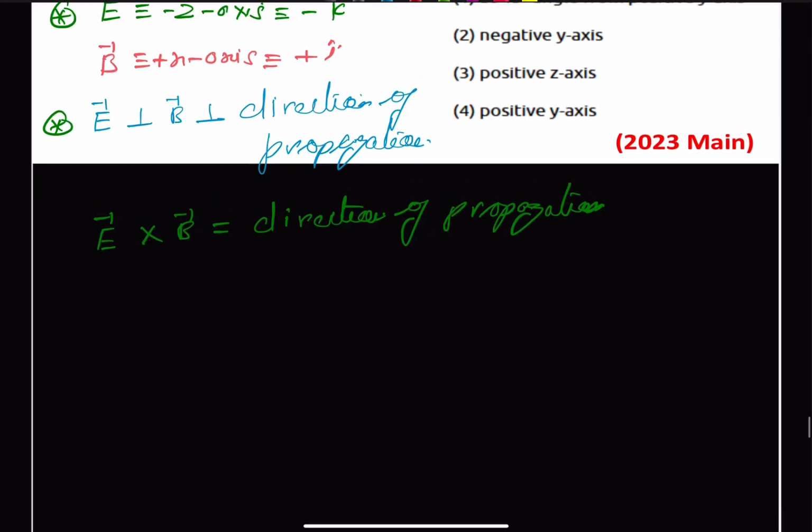Let us substitute the unit vectors: electric field is minus k unit vector, cross plus i unit vector, and the direction of propagation let us represent as n unit vector. From here we get n unit vector equal to minus j unit vector.